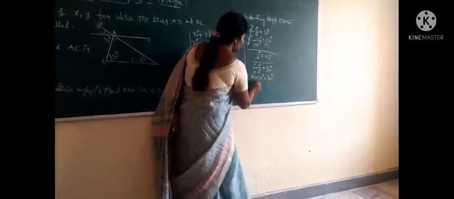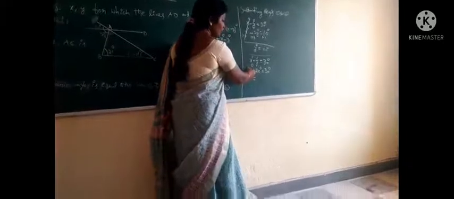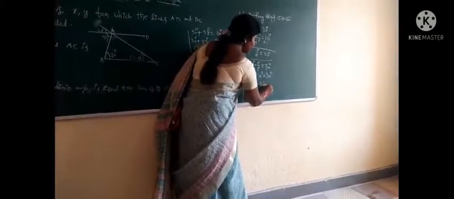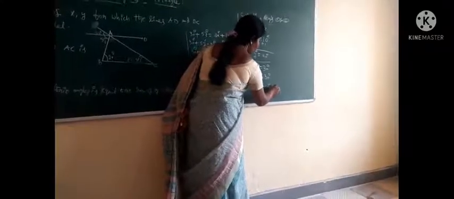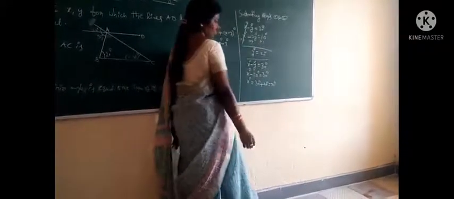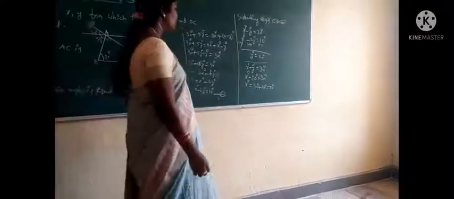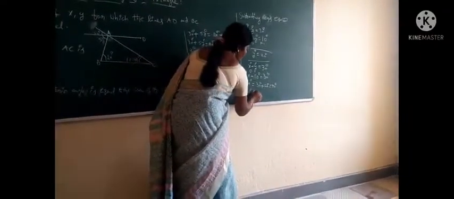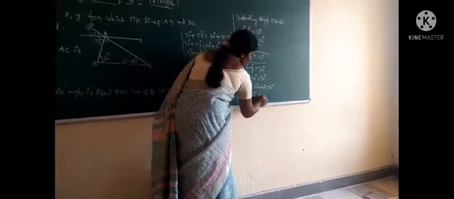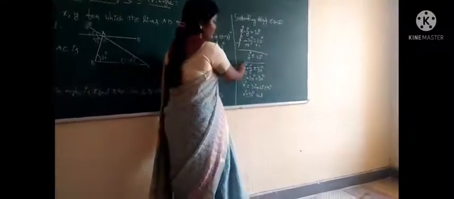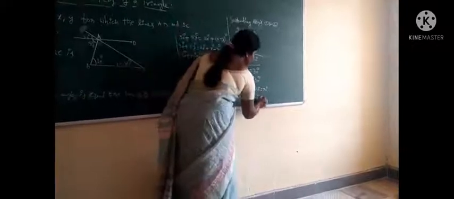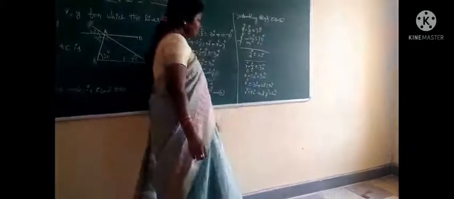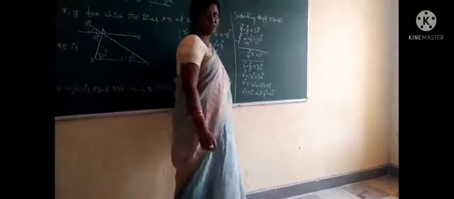So, x degrees is equal to 30 degrees, minus 20 going to the other side is plus 20 degrees. 30 degrees plus 20 degrees is equal to 50 degrees. Therefore, x value is 50 degrees and y value is 20 degrees. These are the final values.